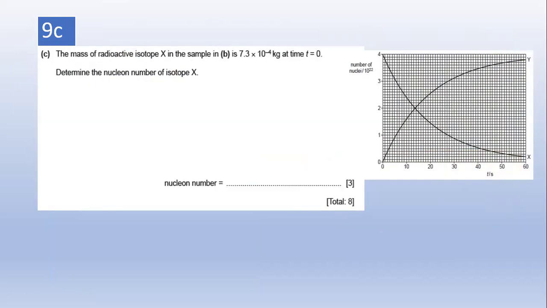The mass of isotope X in sample B is 7.3 times 10 to the power minus 4 kilogram at time t equals 0. Determine the nuclear number of X. What should I do?